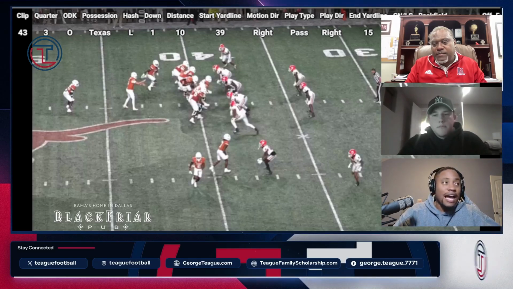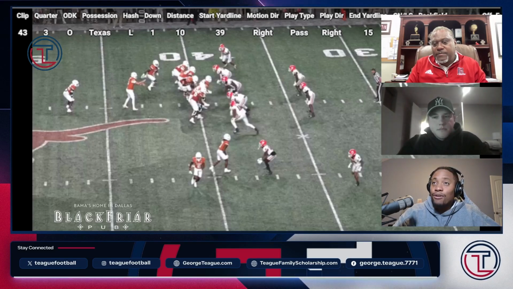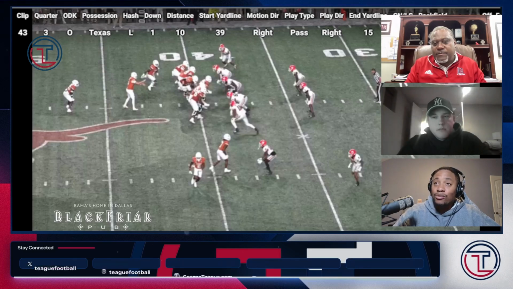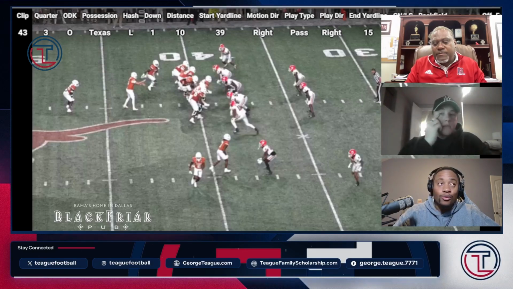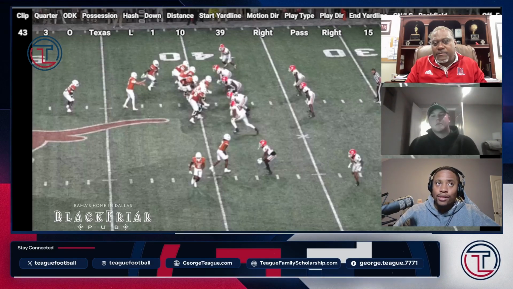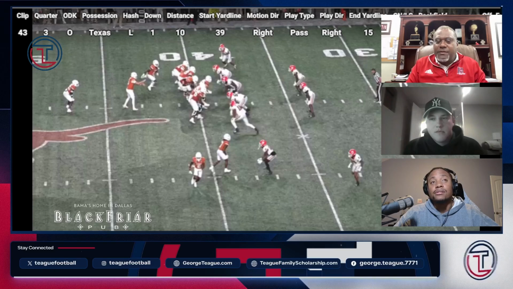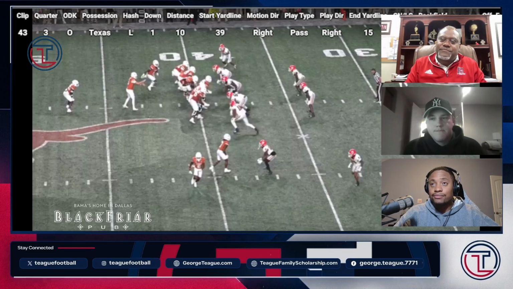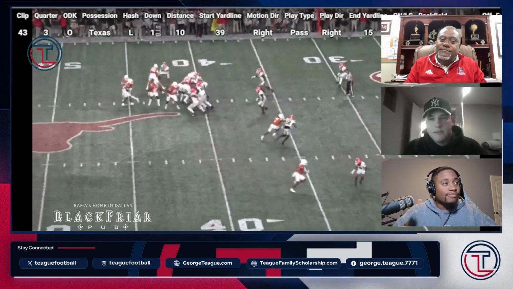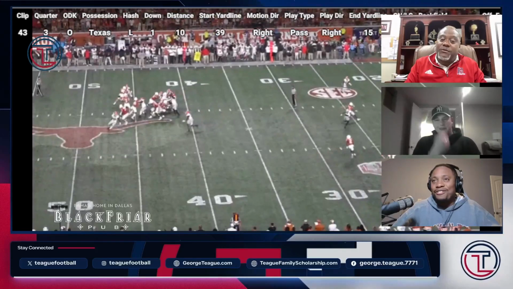They had Ewers marked for 7 turnover-worthy plays and 0 big time throws, which doesn't seem like a recipe for winning a football game against Georgia, or really anybody.